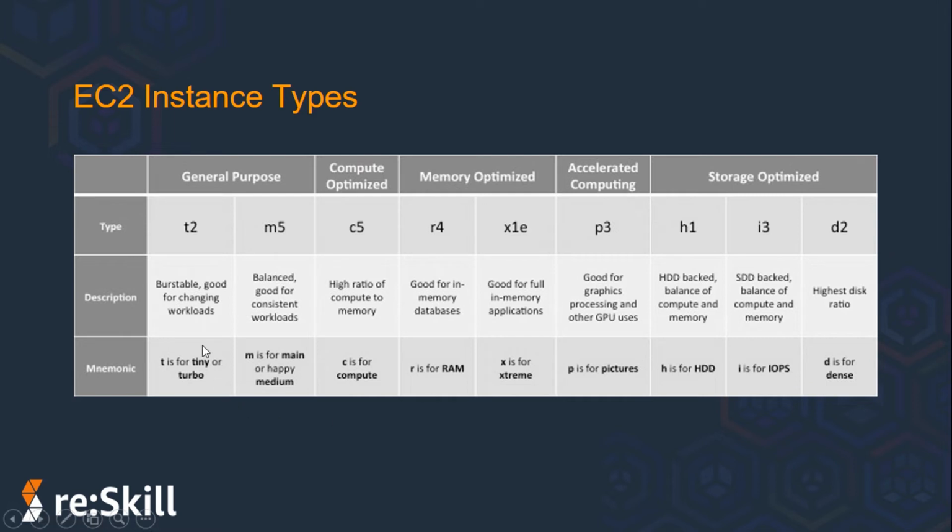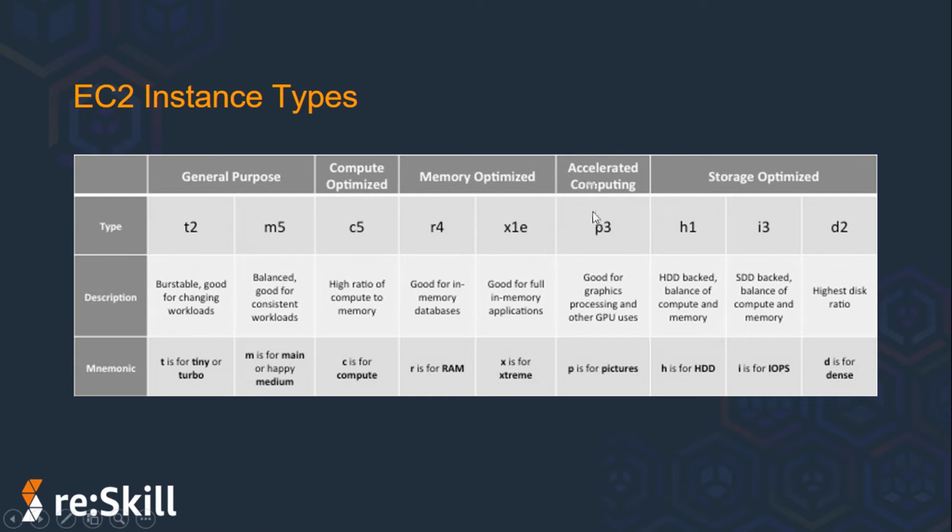Okay, let's say the T2 family is here, which comes under general purpose. These family instances are good for balanced workloads, like not much CPU, not much memory, not much storage. All the resources will be balanced. We have compute optimized, where there will be more CPUs. It is for more compute capacity if we want. Then we have memory optimized, which means if we want more memory in our EC2 instance, we can go for these instance types.